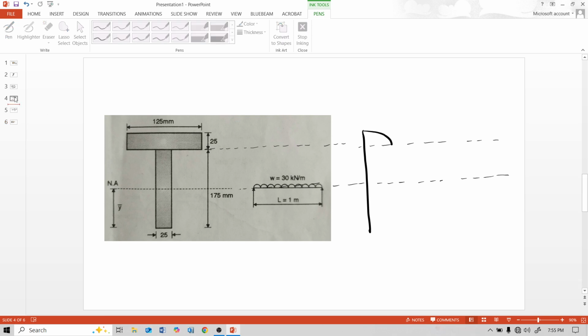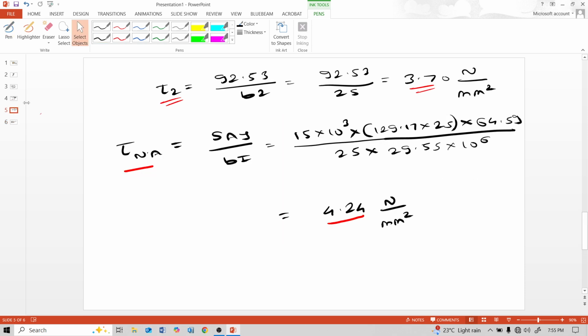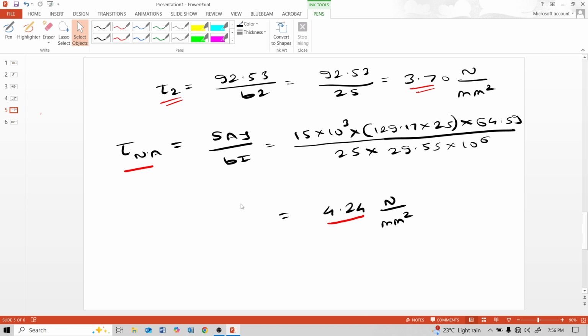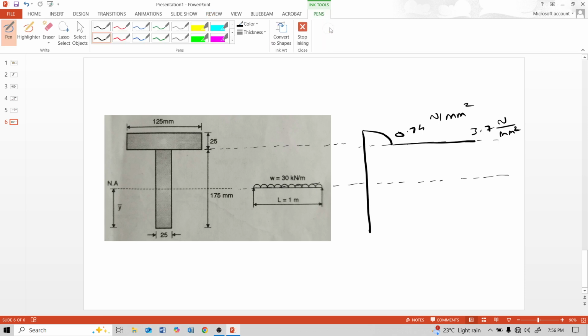Here tau 1 is 0.74 Newton per mm square, tau 2 is 3.7 Newton per mm square, and tau at the neutral axis is 4.24 Newton per mm square.